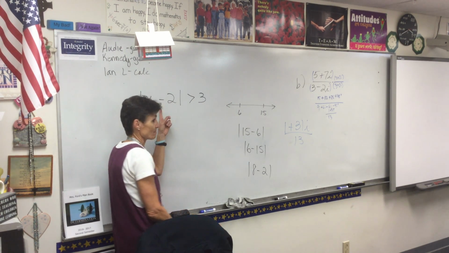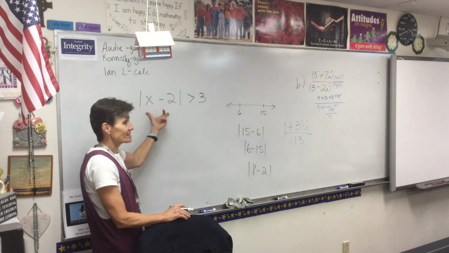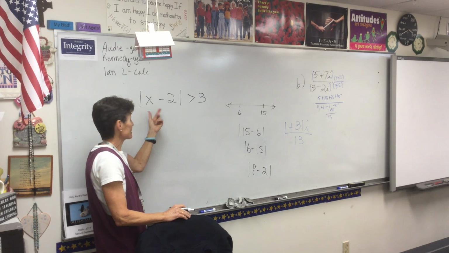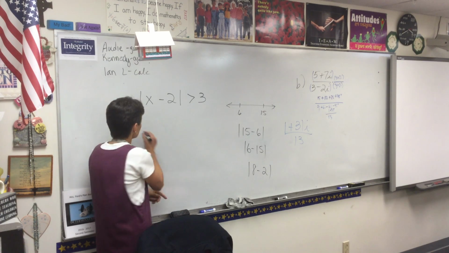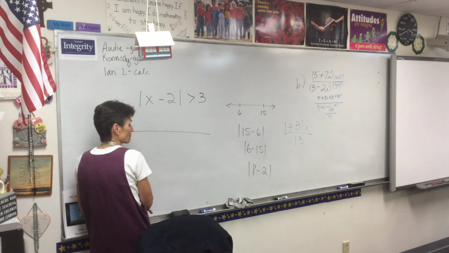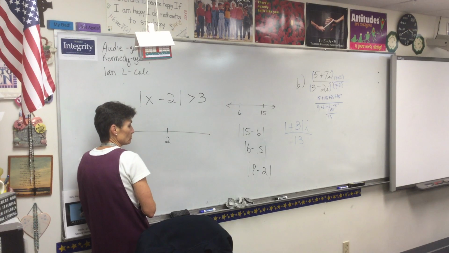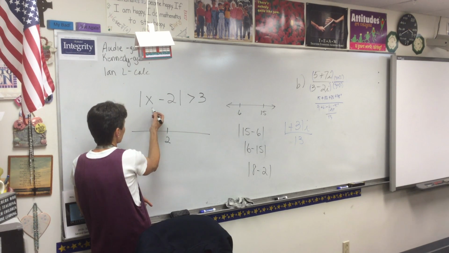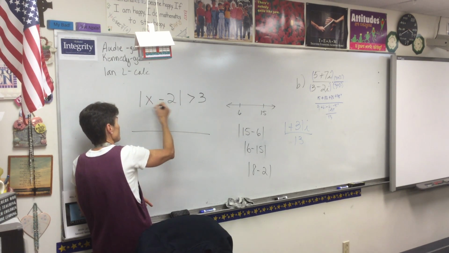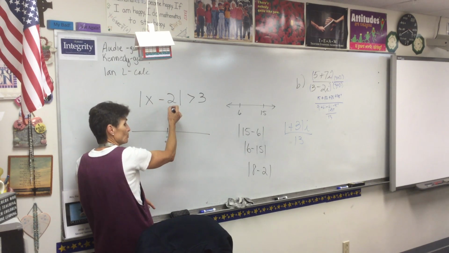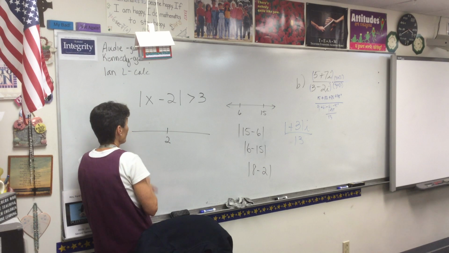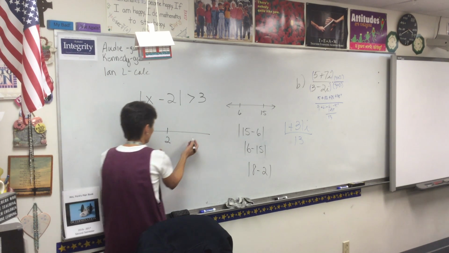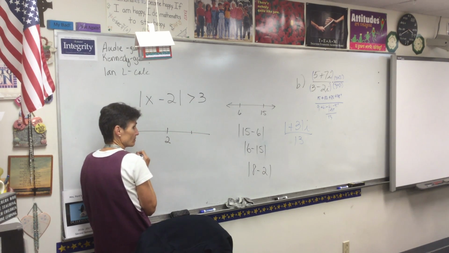So what does this mean? This means the distance between some number and 2. So here's my number line. Here is the number 2. This says that the distance between some number and 2 is more than 3. Now wait a minute. Let's put that some number right here.